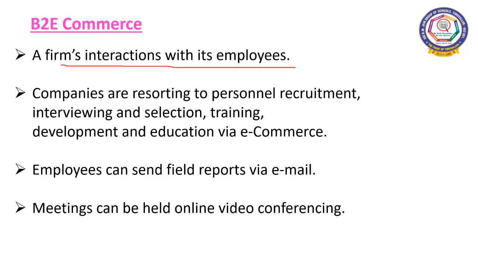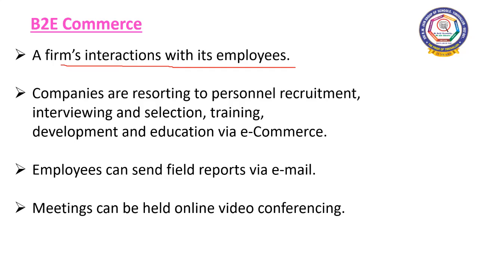It means employees do not have to come to the office. Instead, the office goes to them and they can work from wherever they are. This is possible in case of B2E commerce. So recruitment can be done, interviewing can be done, training and development, and even education is also provided via e-commerce.